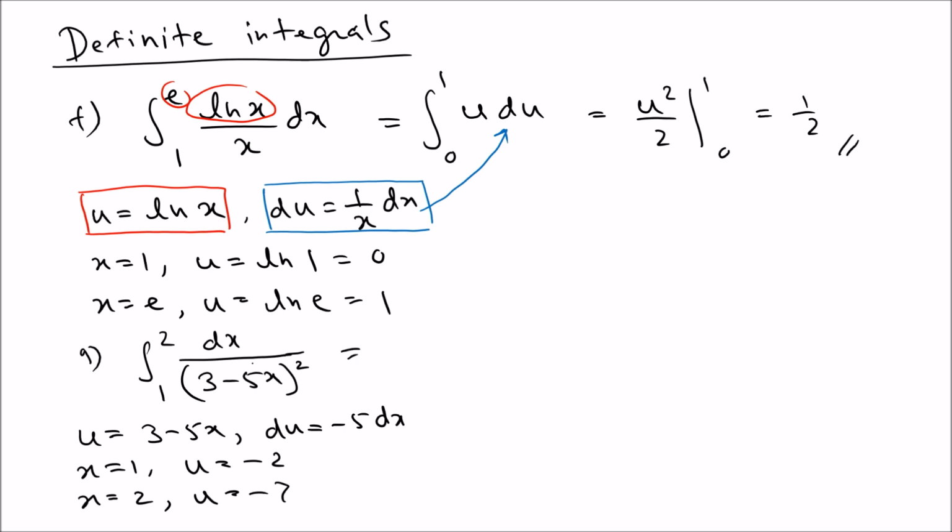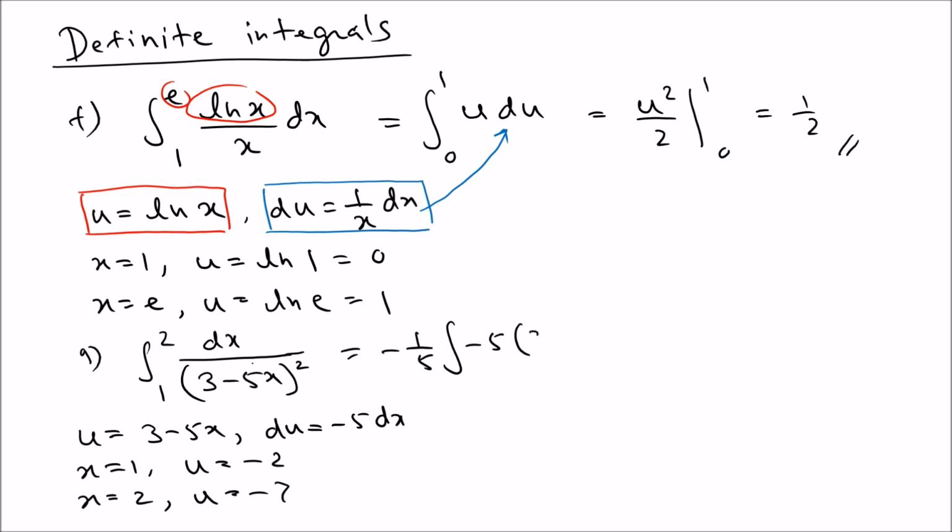Now let's rewrite the new integral. 1 becomes negative 2, and 2 becomes negative 7, and we need negative 5. So what we do, we multiply and divide. We see the negative 5 we need, so negative 5 and then negative 5.